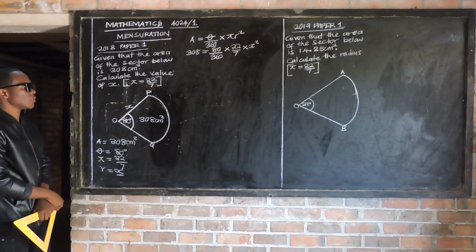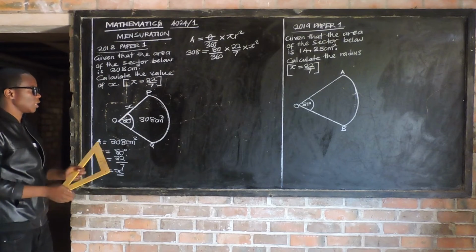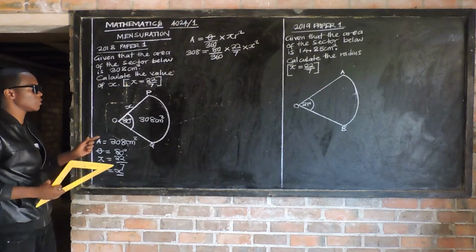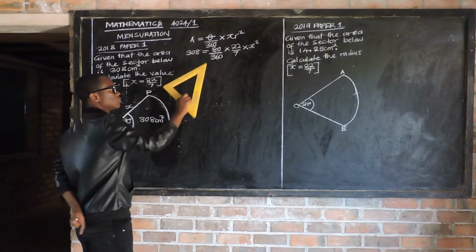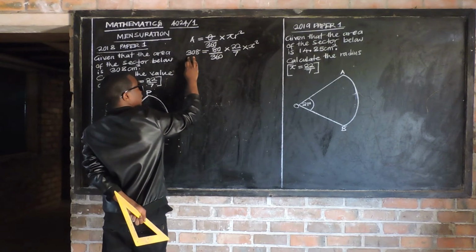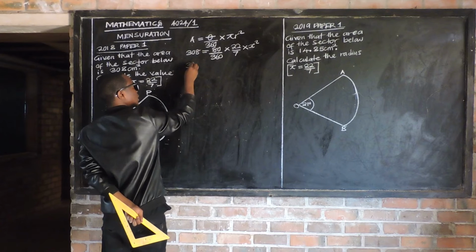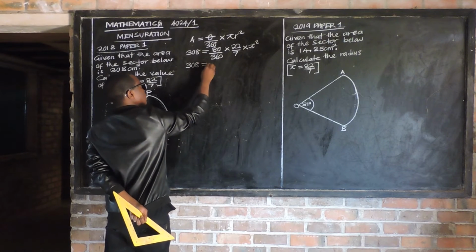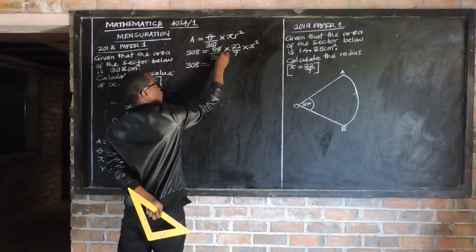Okay. Since during your final exams you are not allowed to use calculators, the best thing you can do is start reducing these figures. So I'm going to maintain my area, which is 308, is equal to, this 0 and this 0 can go.